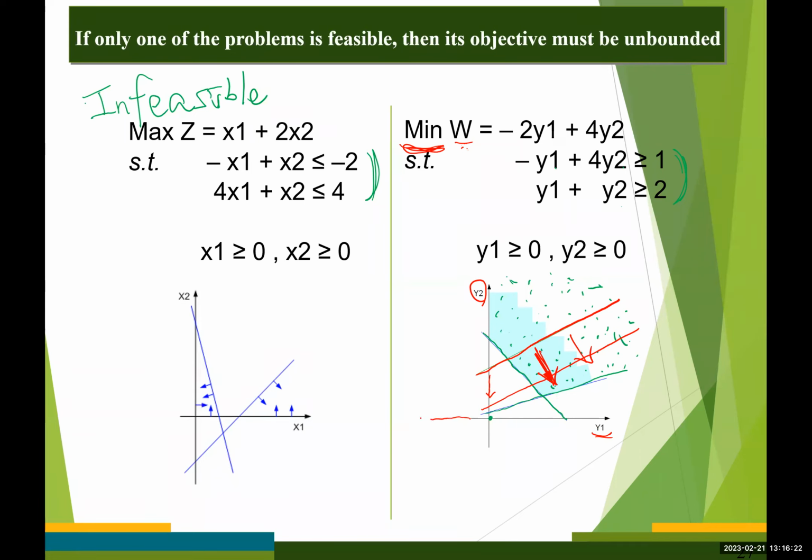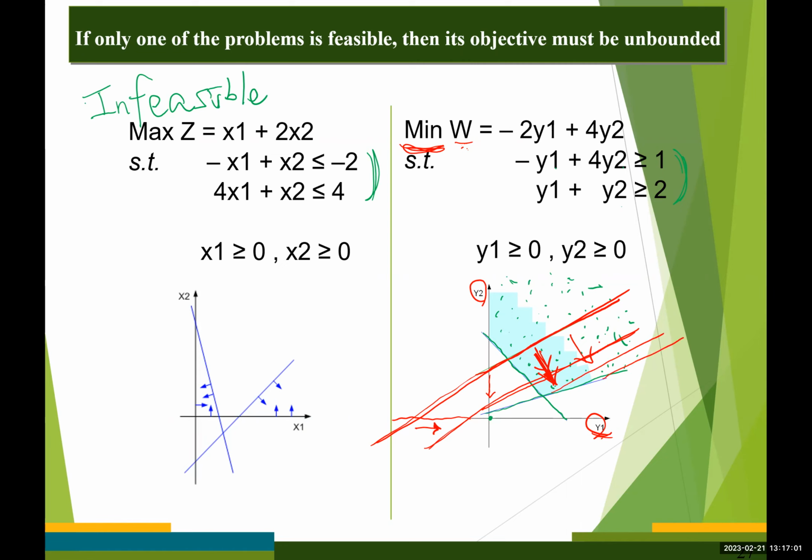So if you extend this, you can easily see that y1 value has been improved if you move the isovalue line from here in this direction, right? Like that. So the thing is, the objective function value will continue to be improved the further away from the origin into the unbounded region in this case.